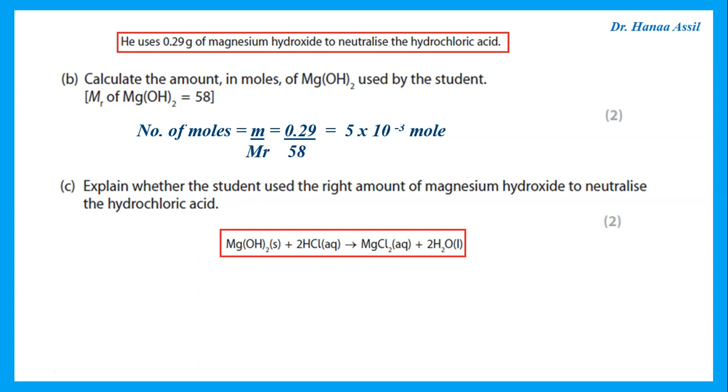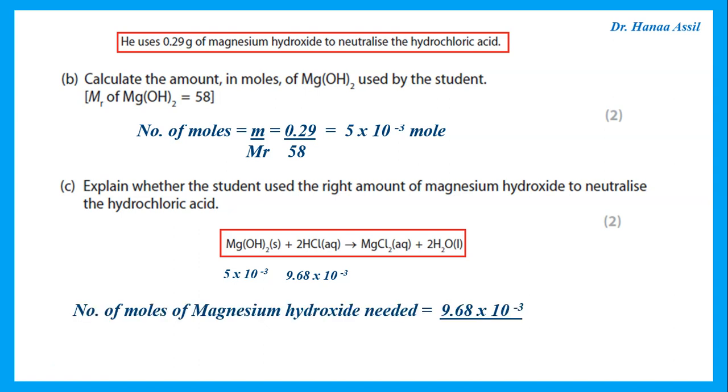This was the equation. So according to the equation, the number of moles of HCl should be twice the number of moles of magnesium hydroxide. Can you see that? Now, what did he put? He put 5 times 10 to the minus 3 of magnesium hydroxide and about 10 times 10 to the minus 3 of HCl. So is that correct or wrong?